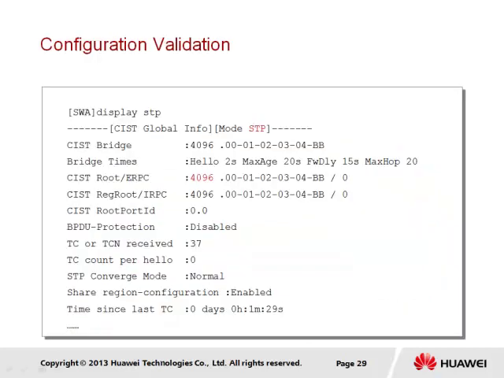We can verify all of the configuration changes that have been implemented through the course of this section using the display stp command on switch A. The output provides information relating to the spanning tree topology, as well as provides statistics regarding the spanning tree operation.